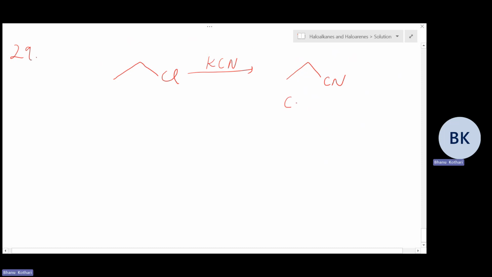Molecular formula is C3H5N, right? So 3 into 12 plus 5 into 1 plus 14, right? 19 plus 36, or 55.